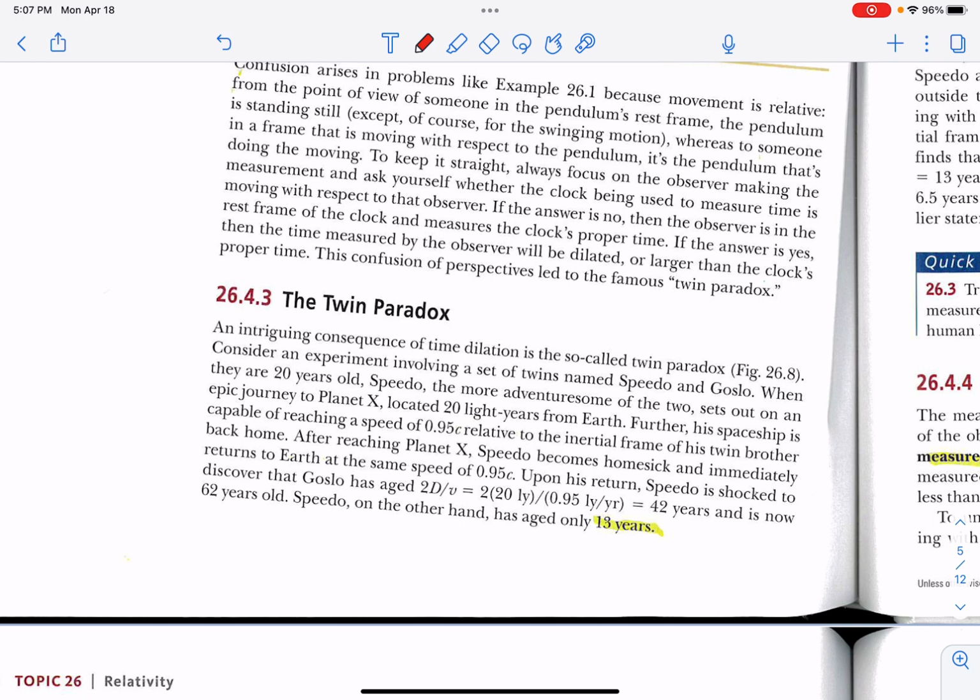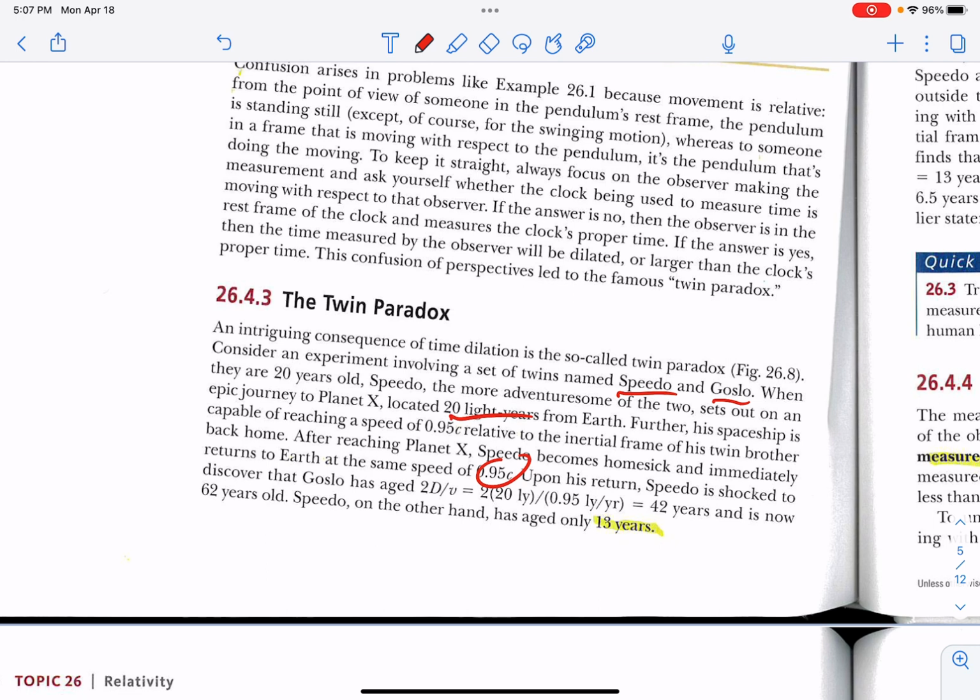So if we imagine a set of twins, one named Speedo, not because he or she is wearing a Speedo, and the other called Go Slow, these twins are identical in every way. One stays behind while the other gets in a spaceship and travels to some place 20 light years from the Earth, and somehow is able to travel at 95% of the speed of light.